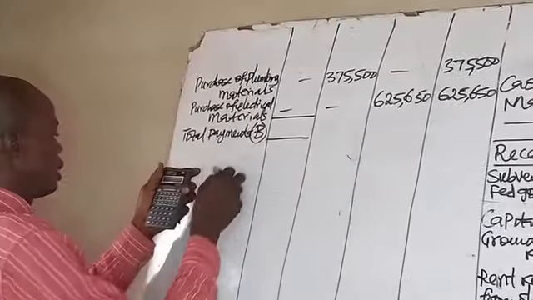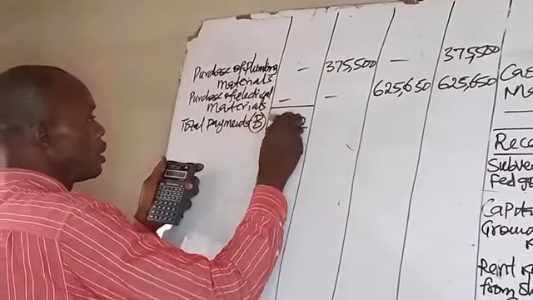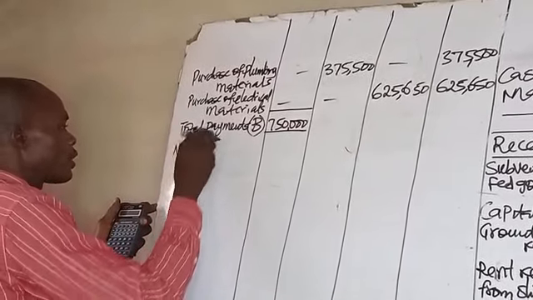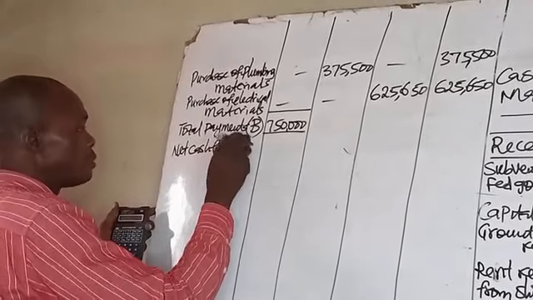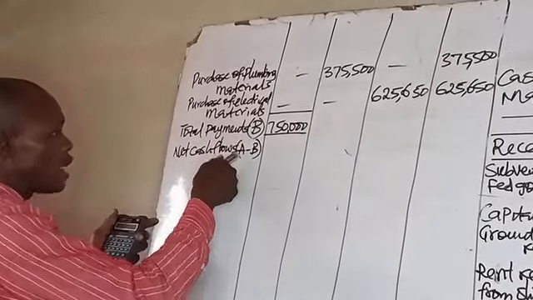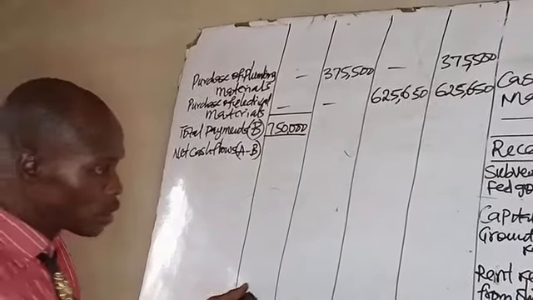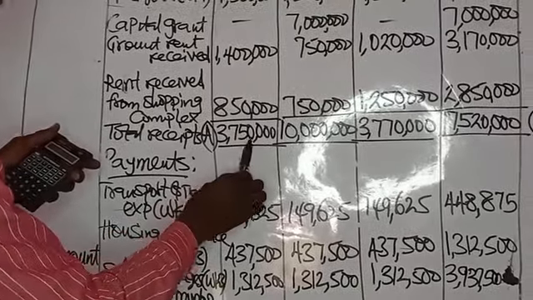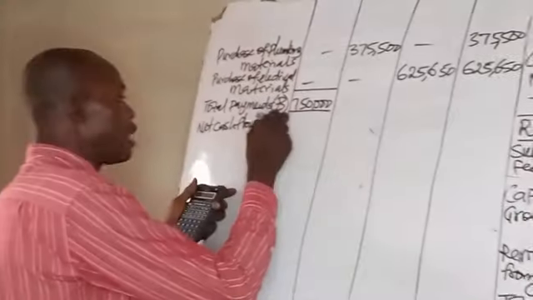Let's have that as B. For January, we have 750,000. So net cash flows will be A minus B. Remember, our total receipts is A, while total payments is B. Now, what is total receipts in the month of January? 3,750,000. So if you subtract total payments of 750,000, you'll be left with 3 million.